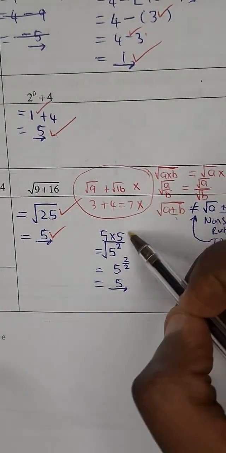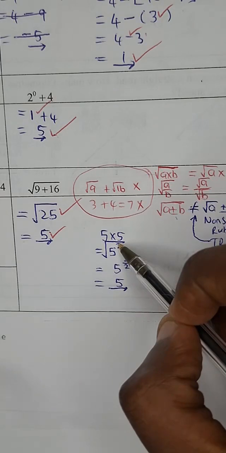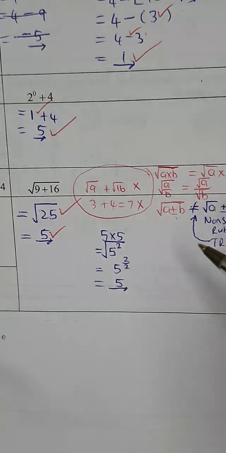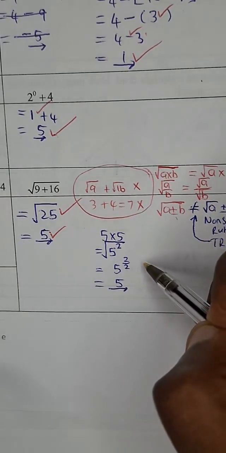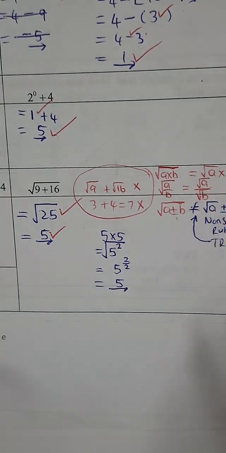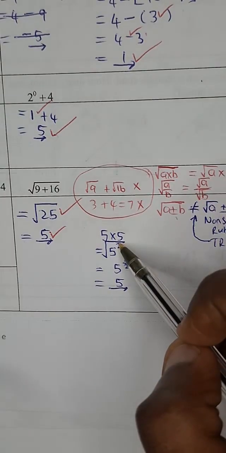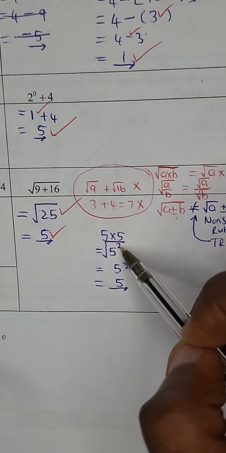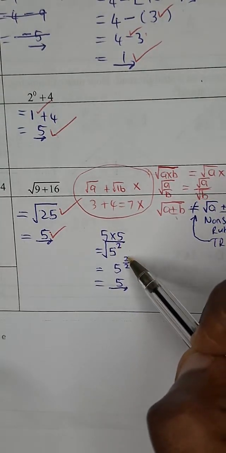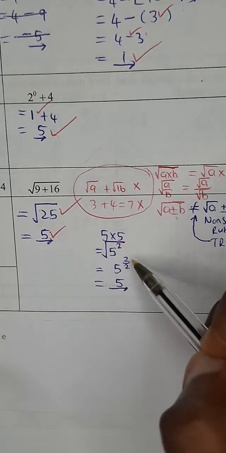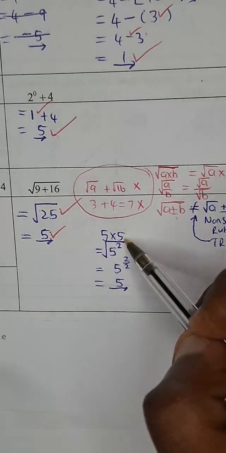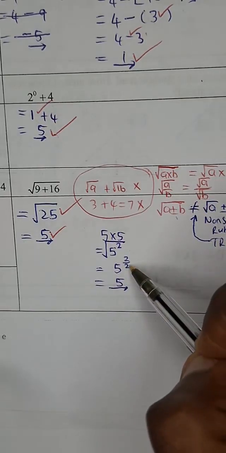The square root of a square. The square root would be cancelling of the square. All right. Or you can look at it this way. This exponent 2 is the 2 that's in the numerator. But because this is a square root, we remove the square root by dividing by 2.